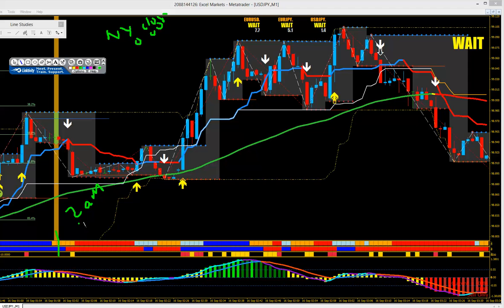So 2 a.m. is the Tokyo Open, which is 9 a.m. for me, Australian Eastern Standard Time. So you can work that out yourself where you are, but 9 a.m. Australian Eastern Standard Time is 2 a.m. on my charts, which is the Tokyo Open.